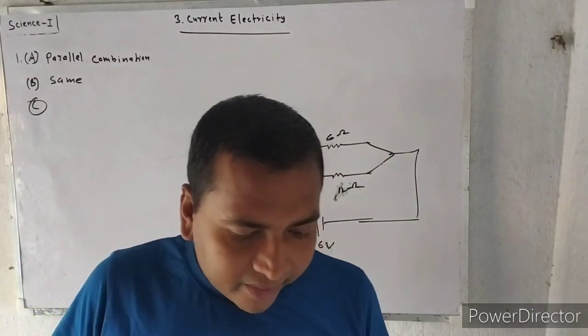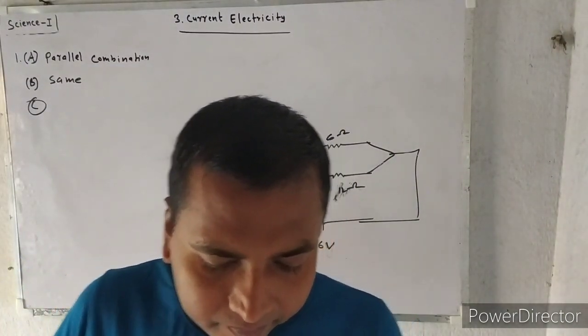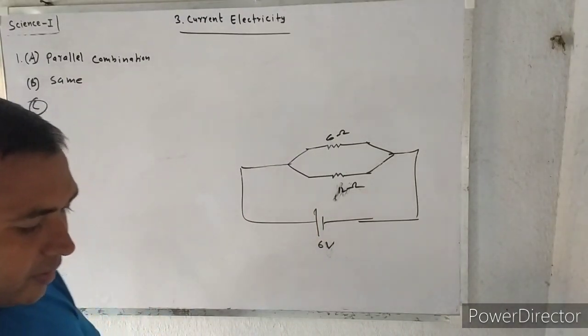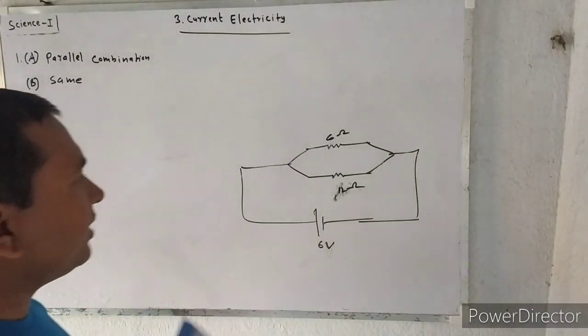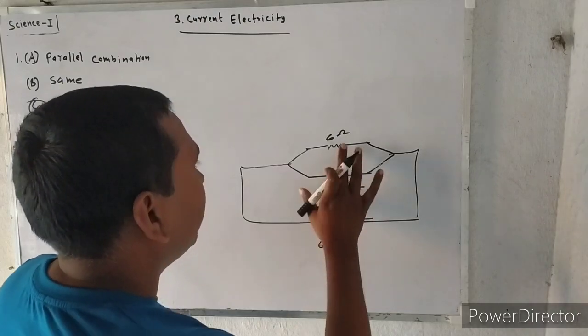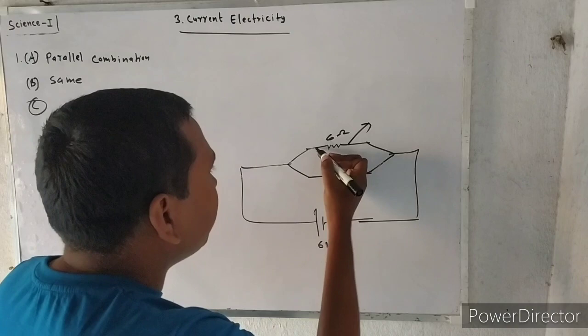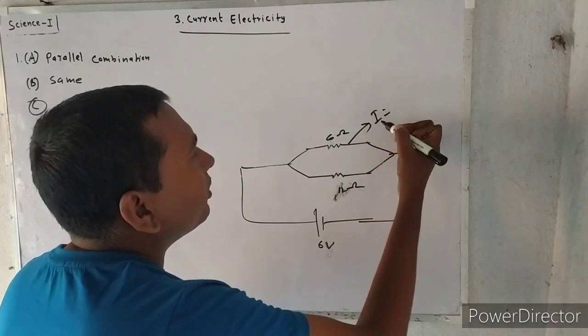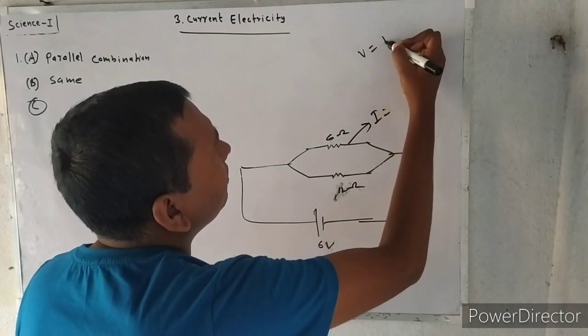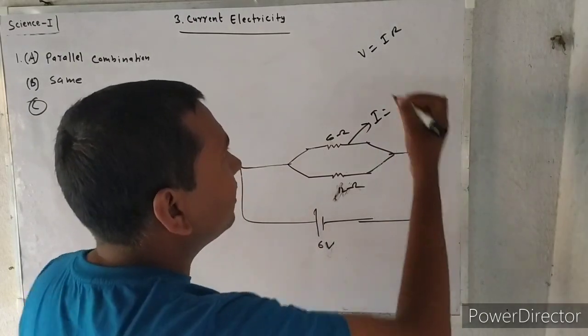C. Will the current passing through each appliance be the same? Justify your answer. You tell me one thing. In this case, if you want to find the current in this branch, we know that V is equal to IR.